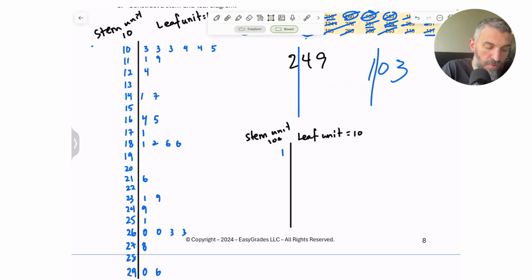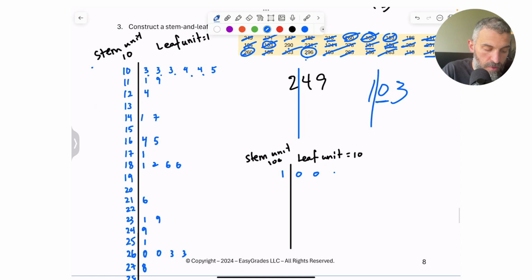Because if you're looking at 103 and you split it this way, you have a 1, and then you'd have a 0 here. Now, you have to mix in a little bit of rounding, because you can only have one digit on the leaf side. So I would round this 103 to 100. Then you would have that 1, 2, 3, 4, 5 times, right?